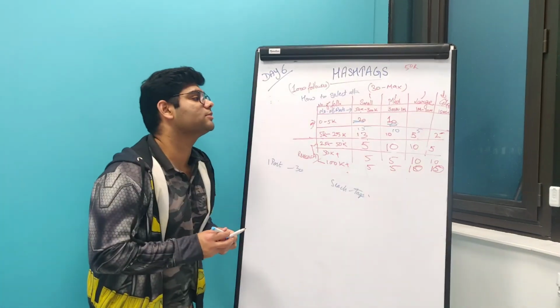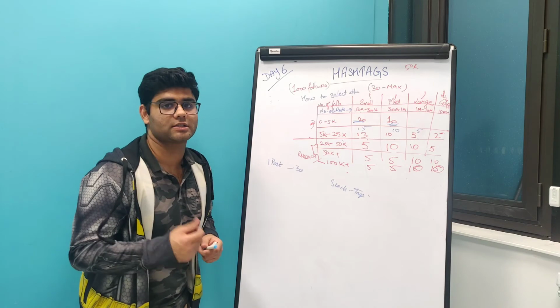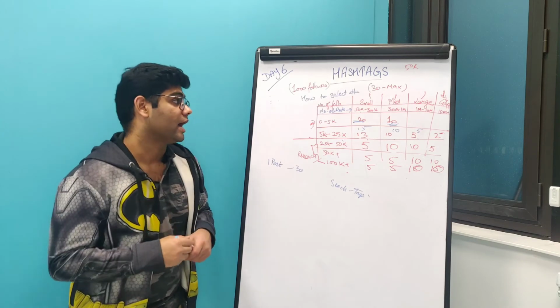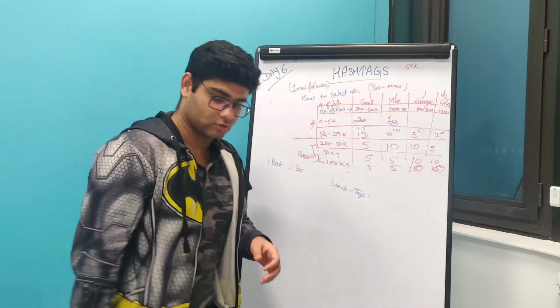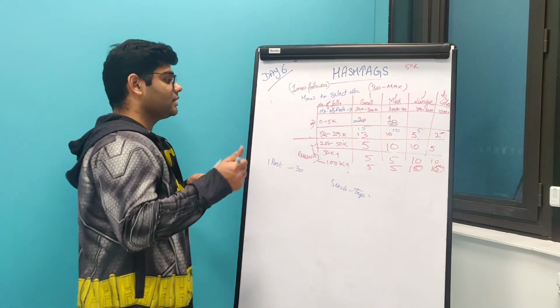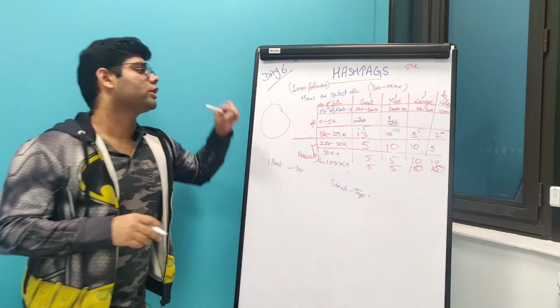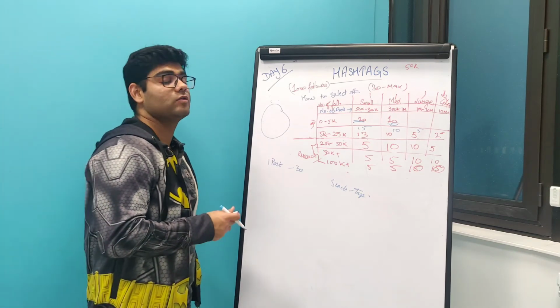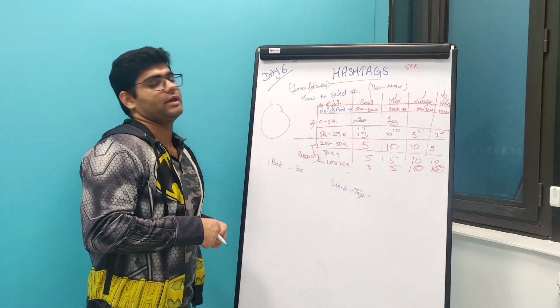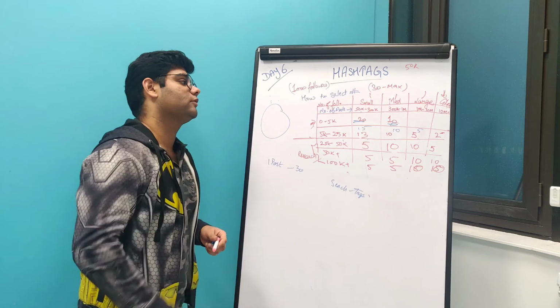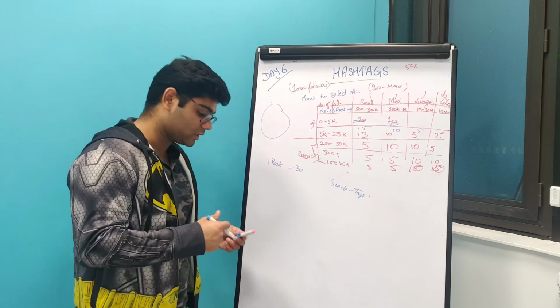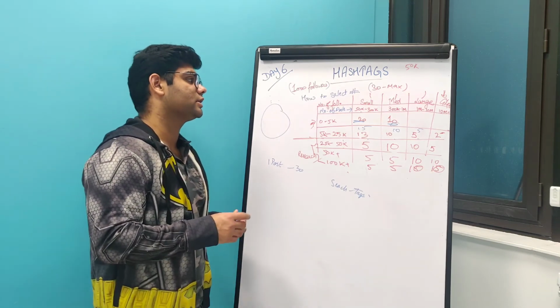So this is the basic concept of hashtags. This is how hashtag research is done. This is the entire idea: what hashtags are, how we use them, how we research them. If you want to go with the easy way, it's absolutely fine, and there is no harm in it. Do smart work instead of hard work.